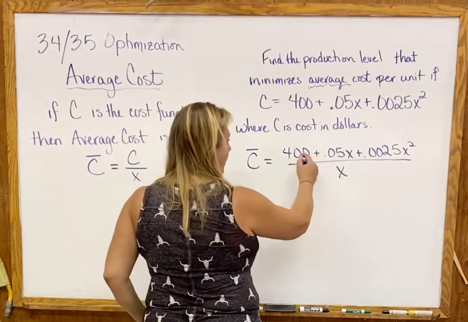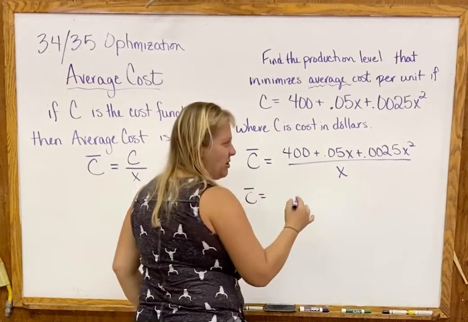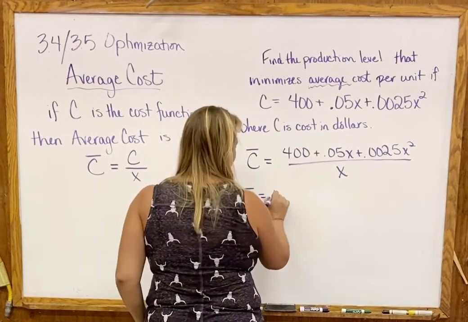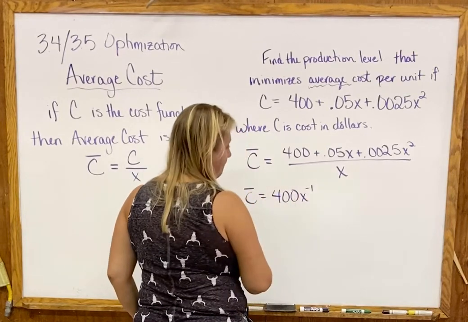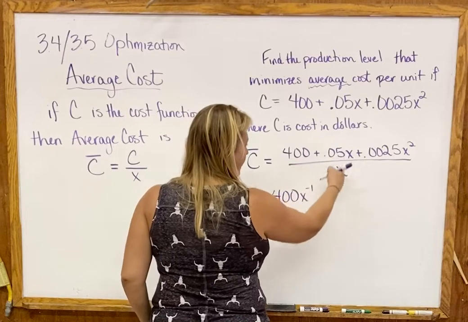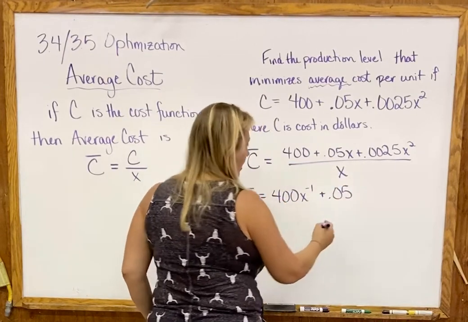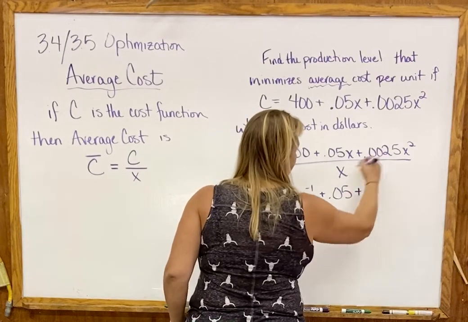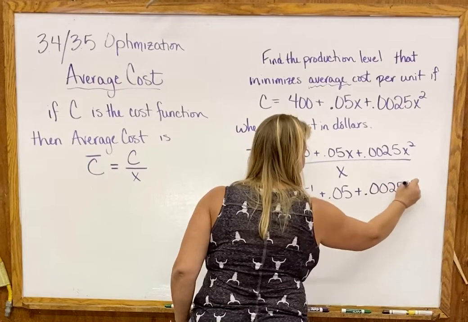So that x, we could divide it on each one of those, and I'm going to make my life easier so I don't have to use the quotient rule. So I'm going to go here with this is 100x to the negative 1, right, over here. This time the x's are going to cancel, so it's just 0.05. Okay. And on this one, the x will cancel with one of those, so it's 0.0025x.